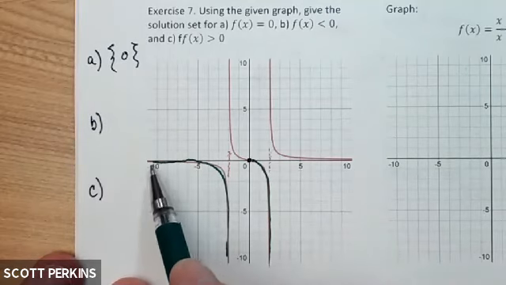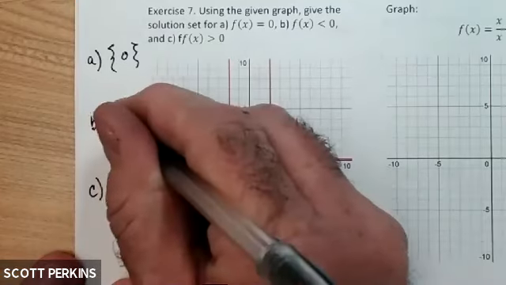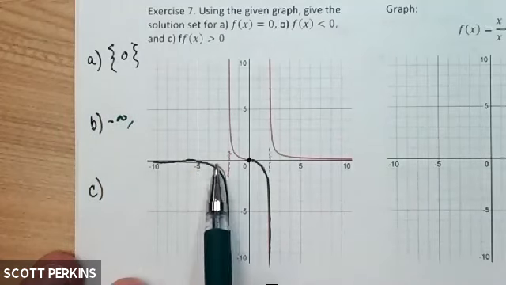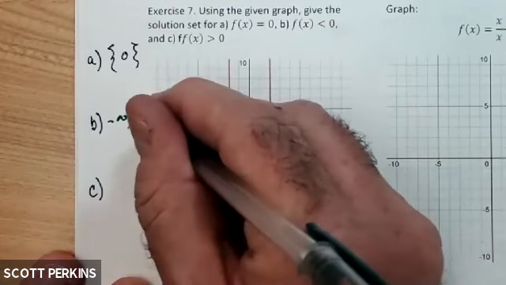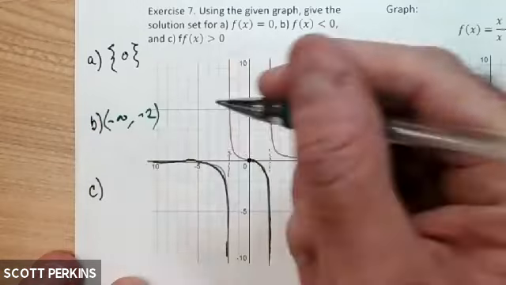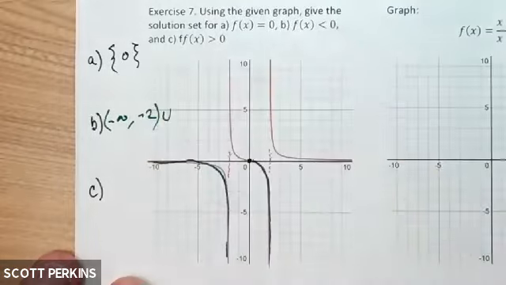What's the lowest bound of this side right here? -∞. And what's the rightmost bound? Where does this stop being less than 0? At that asymptote, -2, indeed. So I'm not interested in equality, and I'm taking into account asymptotes. So I put parentheses around both sides, union.